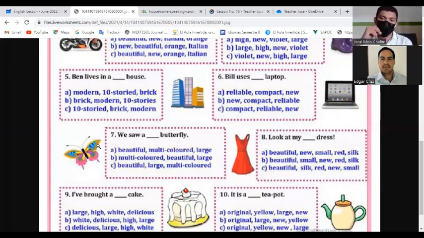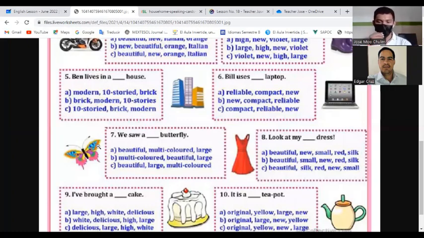I'm not sure. Okay, that's the correct answer, letter C. Multicolor is the color, in this case the category color. So we saw a beautiful, large, multicolor butterfly. Vimos una hermosa mariposa grande y multicolor.